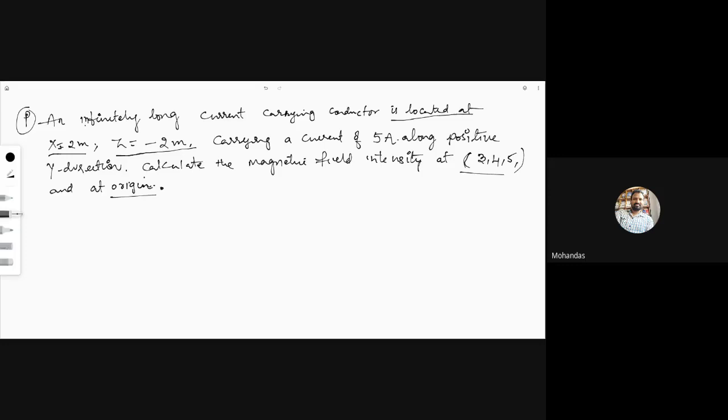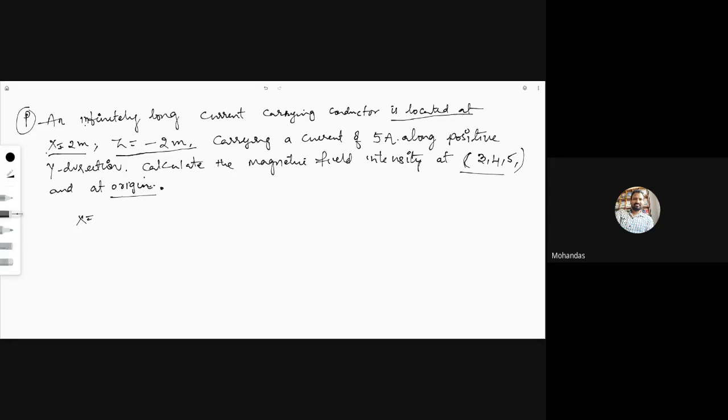It is not indicated that the conductor is placed along the Z axis or Y axis or X axis. He has given it in the form of X equal to 2 and Z equal to minus 2. So first we have to locate this infinite conductor. If he says it is placed along the Z axis, you can directly take it.